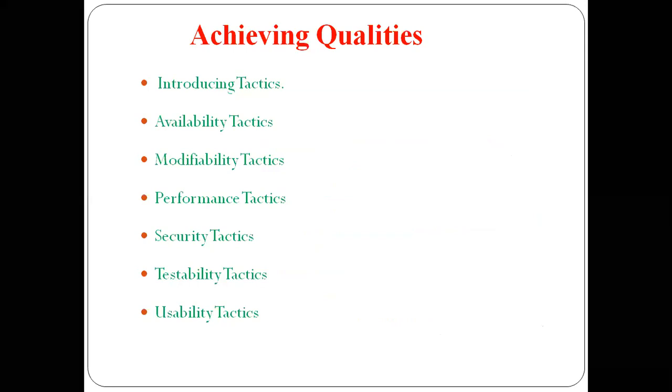Here we have seen in previous classes about quality attributes. There are different quality attributes. If you add those quality attributes to your system while designing, then you will get good results. That we have discussed in previous classes.